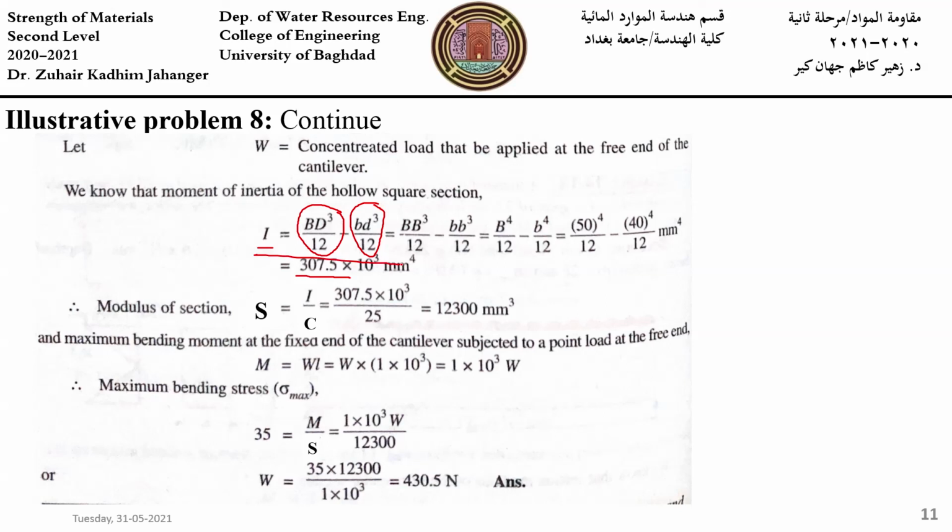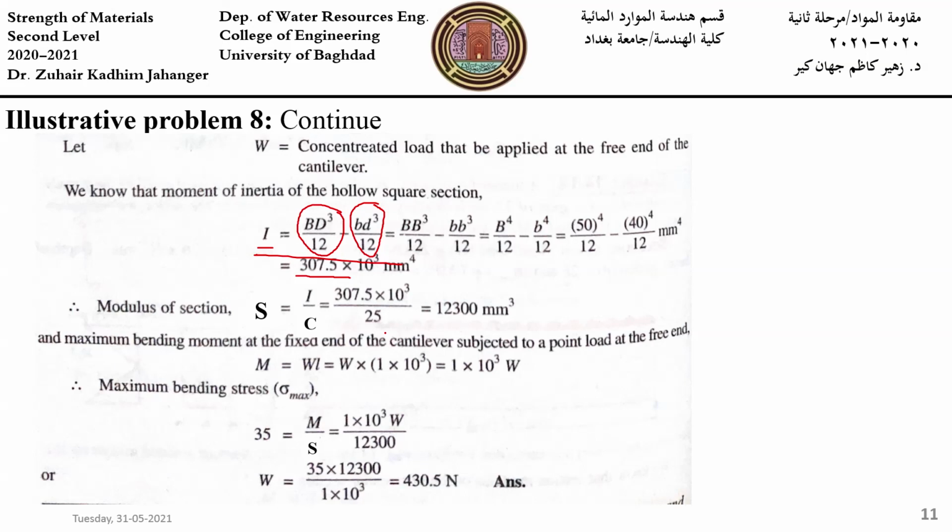Okay, and the modulus of section equals I over C. I is calculated here and C is 25 millimeter. So S equals 12,300 millimeter cubed.